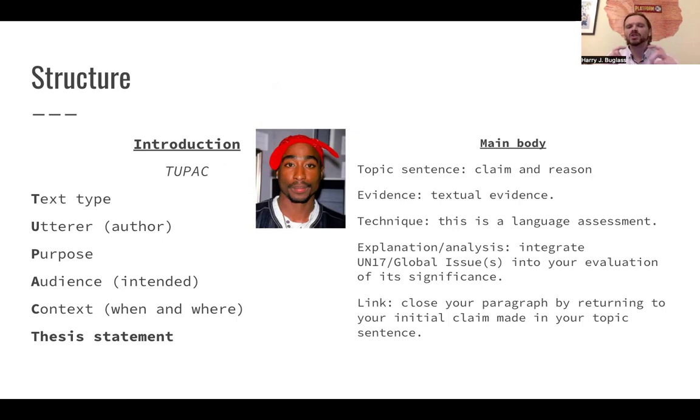And then the largest piece of your assessment or your paragraphs, the integration of the United Nations 17 Sustainable Development Goals and or your global issue into your evaluation of this technique's significance.